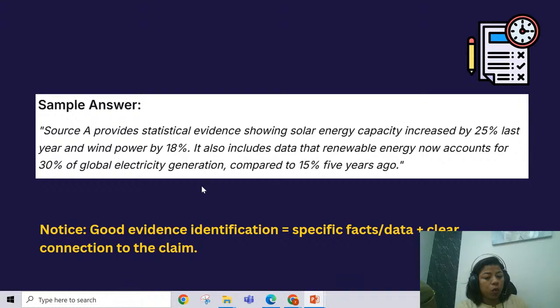Now, if you notice over here, wherever you see the word evidence in your question paper, you are supposed to pull out facts, numbers and data, and connect it to the claim that is made.